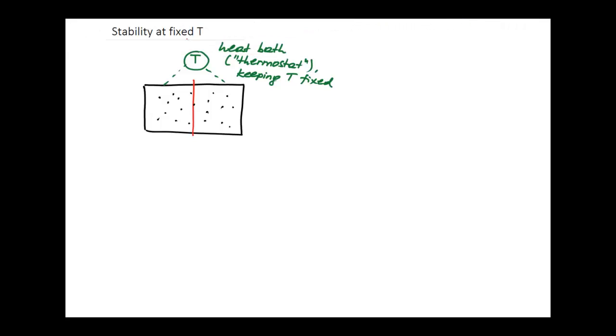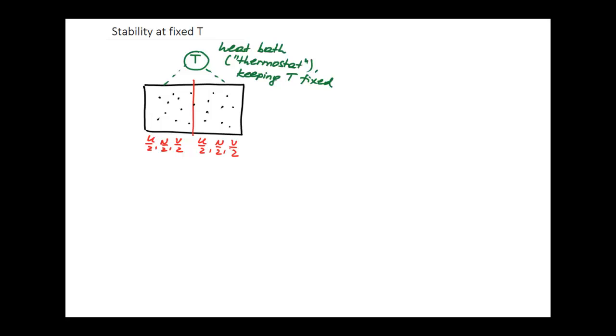Now, when we look at the distribution of energy, particle number, and volume, in this first case, we still have U half, N half, V half on the left and likewise on the right. But in our energy balance, we have to account for the energy of the heat bath as well, because your system of interest and the heat bath are allowed to exchange energy in the form of heat.